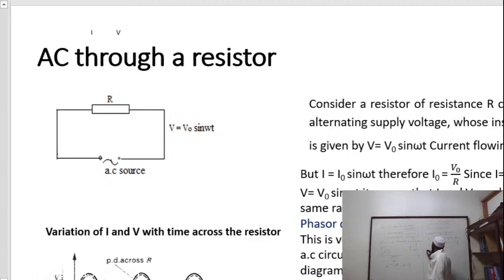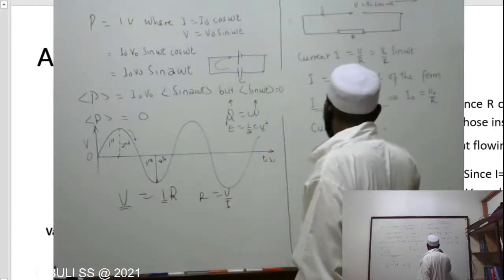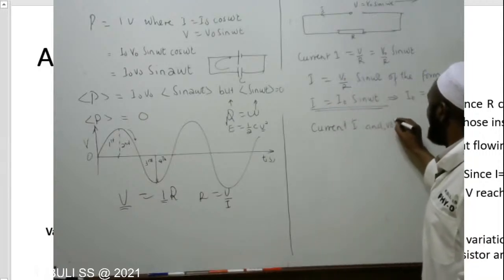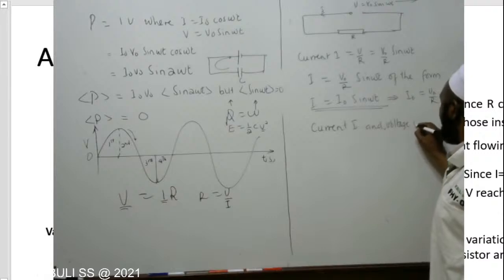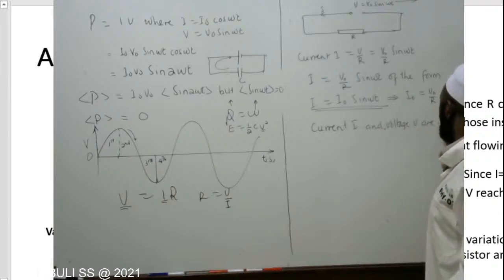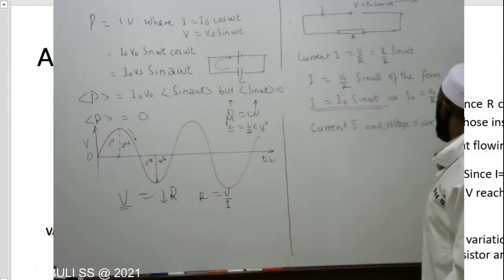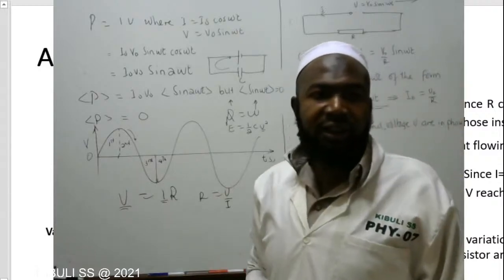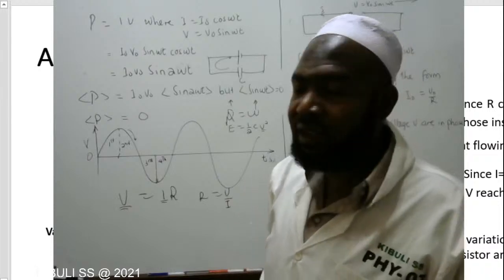Therefore, we can now conclude that in a resistor, current I and voltage V are in phase. They vary the same way. Current and voltage, they vary the same way.